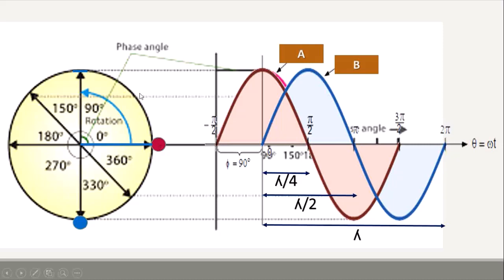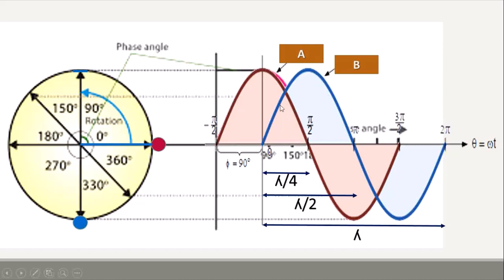When the red colored particle moves along the circumference and makes one complete revolution, it covers a 360-degree phase angle. When you plot the displacement of this particle versus time, you get a sine wave like this.